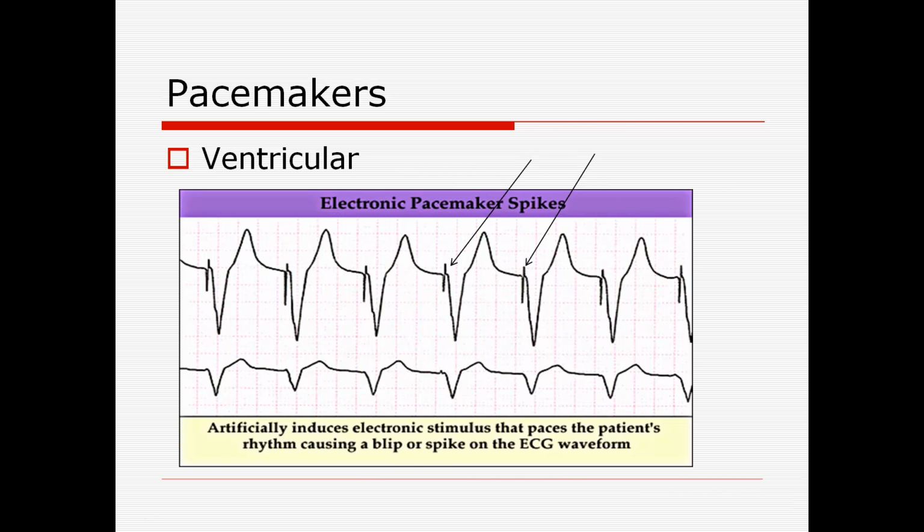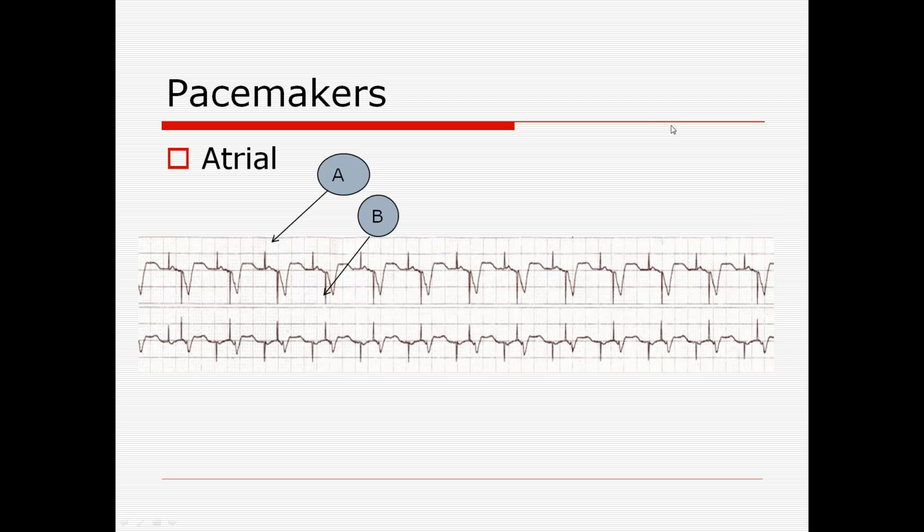initiating that electrical impulse. Here is an example of a patient that is dual paced. So the atrial pace is A, and the ventricular pace is B. Notice here's a pacer spike, here's your P wave, then we have a ventricular spike, here's your QRS.